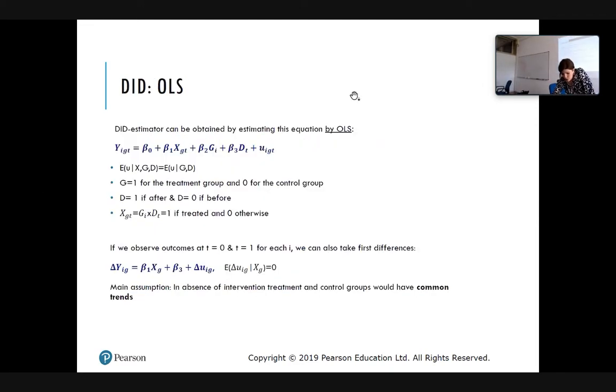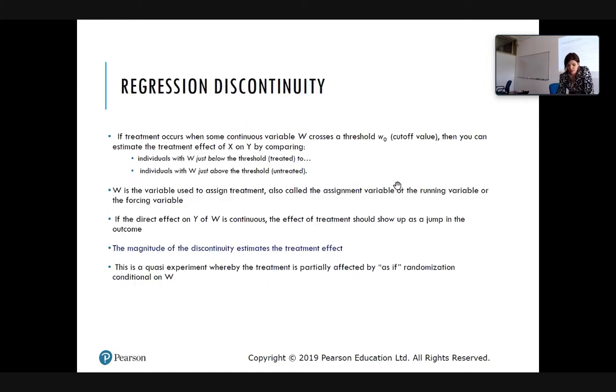For now, we need to go through the other type of quasi experiment that we are interested in. We have done difference in difference. This is a case of a quasi experiment where we have this as if randomness, which is conditioned on another variable.